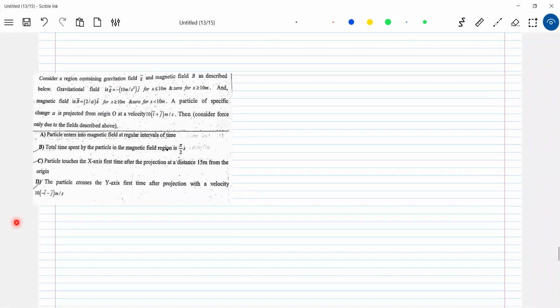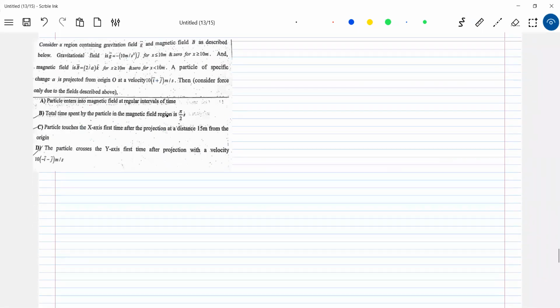Okay, now take this. In some way, gravitational force will also be brought into the picture. Read the question. Consider a region containing a gravitational field g and a magnetic field B as described below. The gravitational field is along the negative y-axis. And look at B bar, how is B bar?